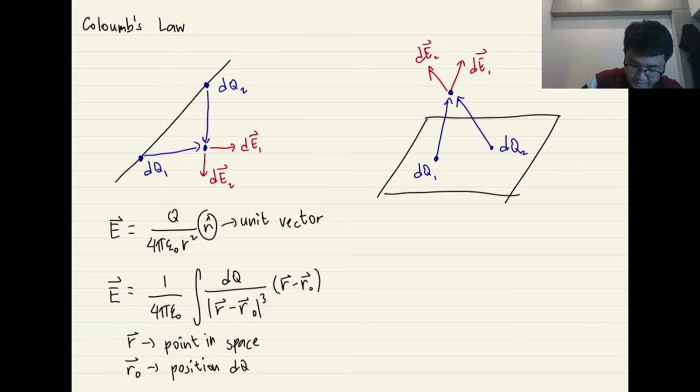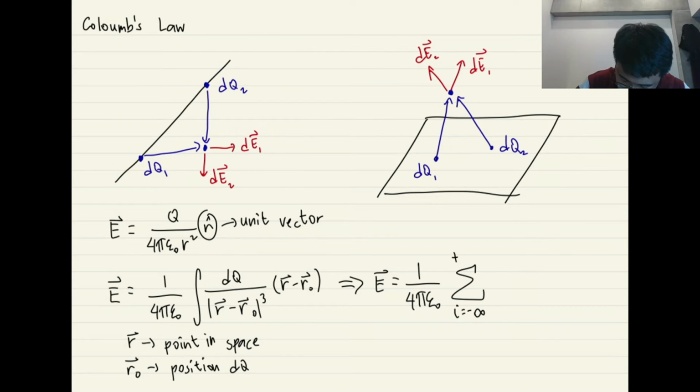So you just need to convert this integral equation into a summation equation, because the summation is what your computer can handle. Okay, so this is just changing your integral into a summation.